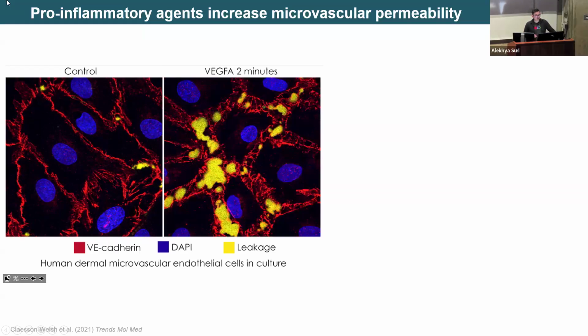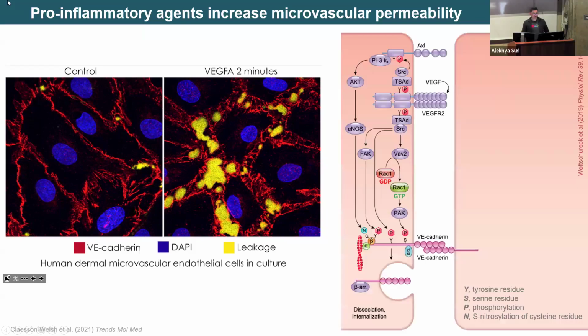When you expose these cells to VEGF-A for 2 minutes, you see that there's much more leakage now, because there is less cadherin forming junctions. The cells basically contract, and the sites of leakage increase in size.